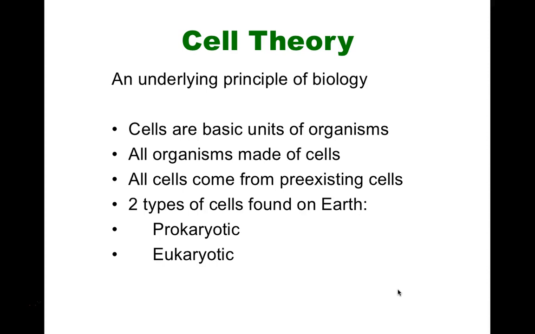Karyo is referring to seed or kernel, meaning this little thing that we'd expect to see inside of some types of cells. And prokaryotic cells do not have a nucleus. Eukaryotic cells, on the other hand, eu meaning true, karyo again referring to seed or kernel. So these cells do have true structures that we'd identify as a nucleus.